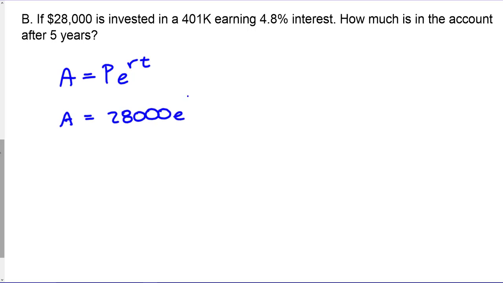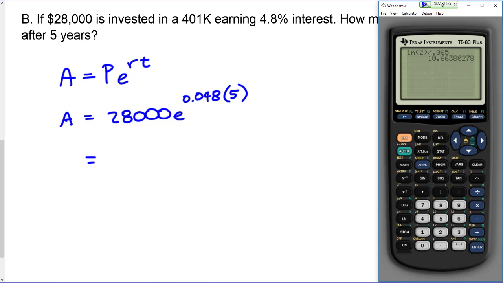The interest rate is 4.8%, so I changed that into a decimal, of course, 0.048. And we want 5 years to pass. The nice thing about this particular problem is that the variables are all filled in, and all I need to do is plug into the calculator. I don't need to do any particular solving here.